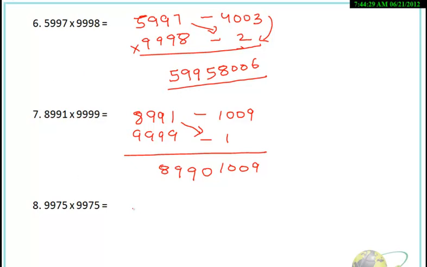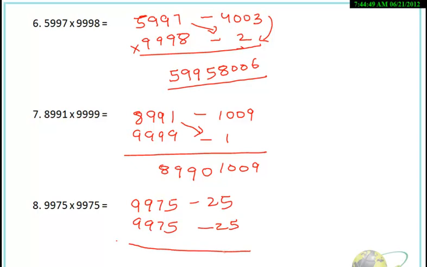In this case it is the square of 9,975. So it is 25 less than 10,000. It is also 25 less than 10,000. So with this multiplication we'll be getting, I just write it over here, 9975, 9975.